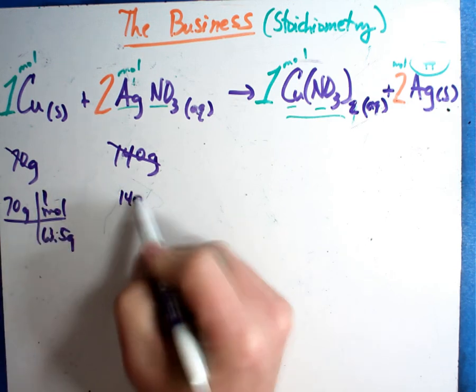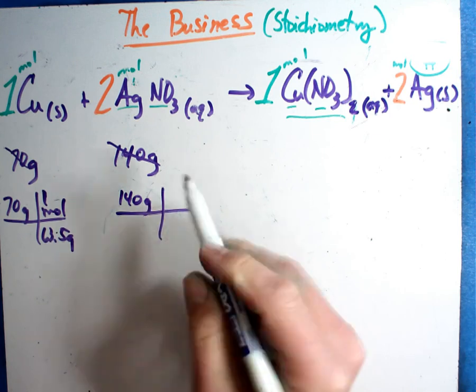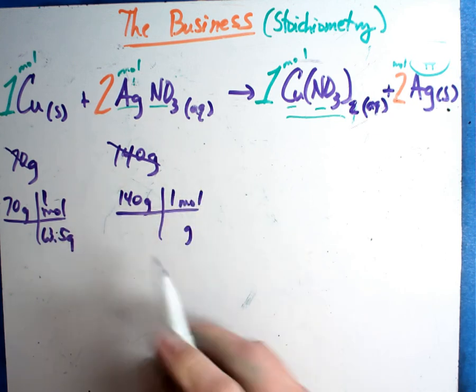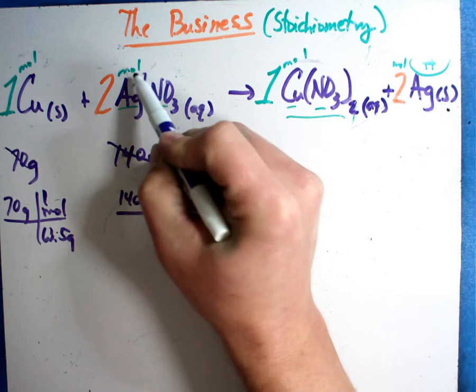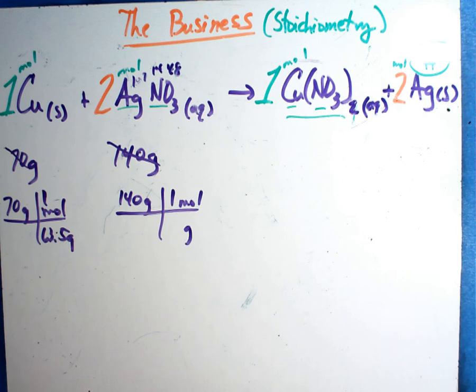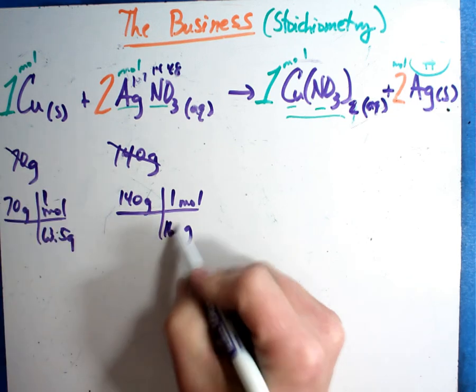And 140. So I have to do a little extra work on this one to make it work. Grams to moles, because I'm just in the wrong unit. And I add this together, 107 and 14 and 48. 107 plus 14 plus 48 equals 169.